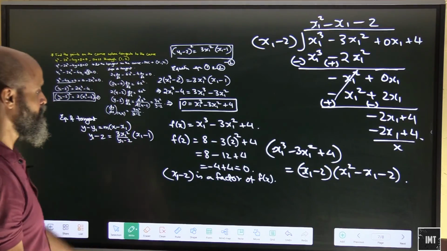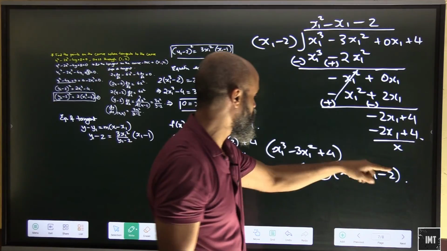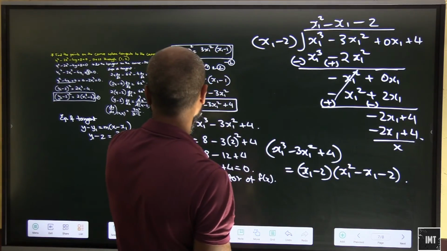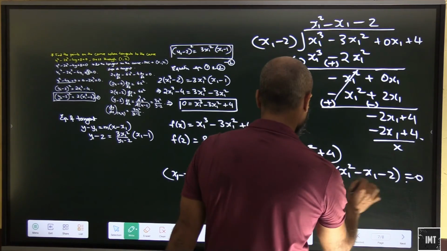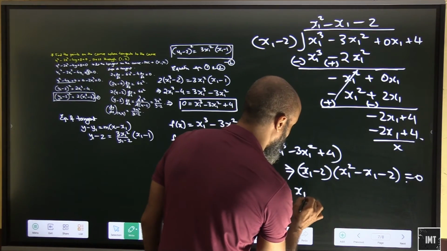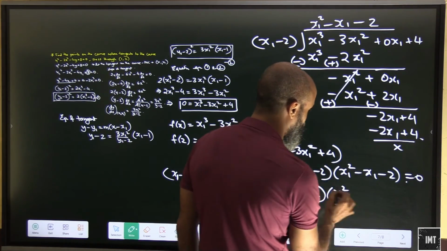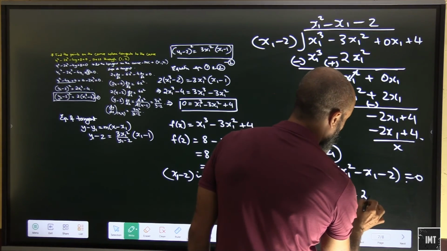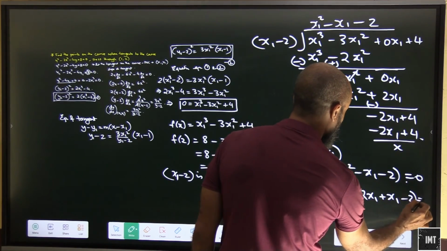So now in this case we can also further factorize this. This is equal to 0, which means x^2 - 2x + x - 2 = 0.